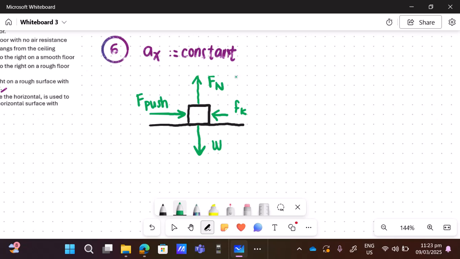Now, the object is not accelerating along the vertical axis. So we can say that the net force along the vertical axis is equal to 0.